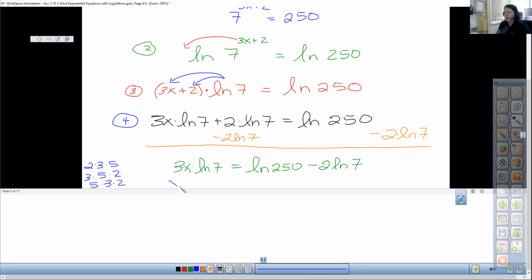So think of this as x times 3 times the natural logarithm of 7. Because what we're going to do is undo this multiplication. So we're not going to undo multiplication twice, once for the natural logarithm of 7 and once for 3. We're going to undo one multiplication with one division of this product.